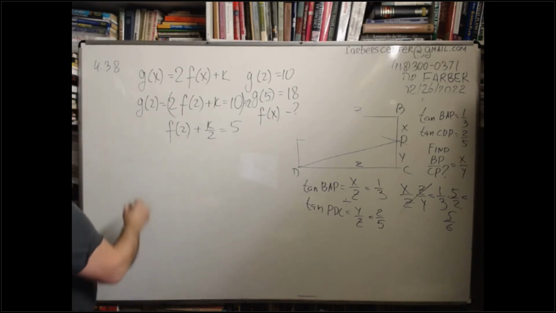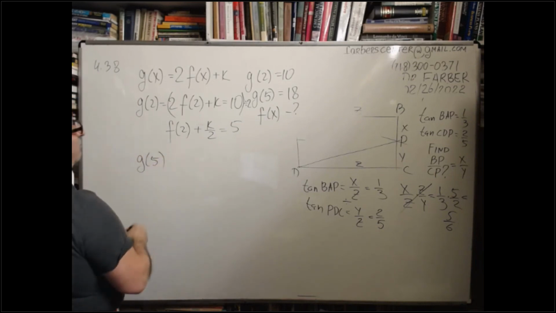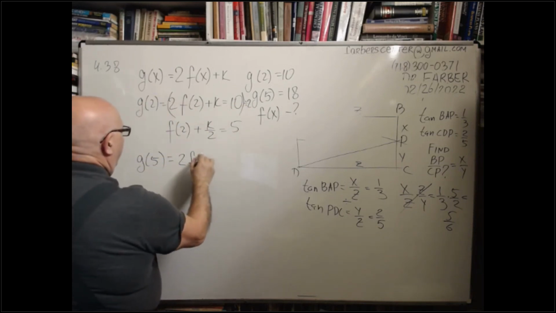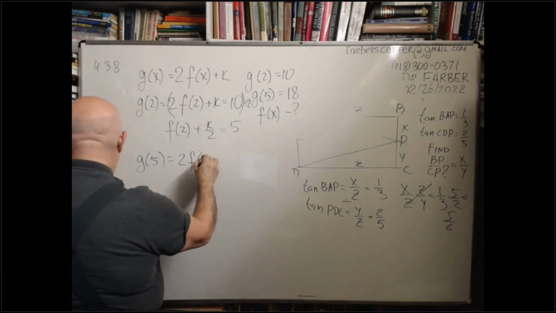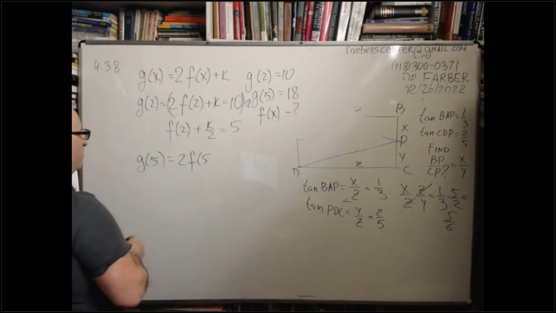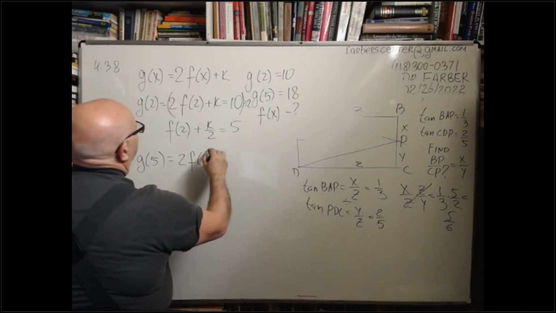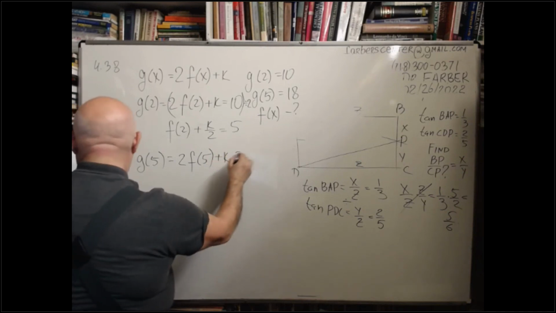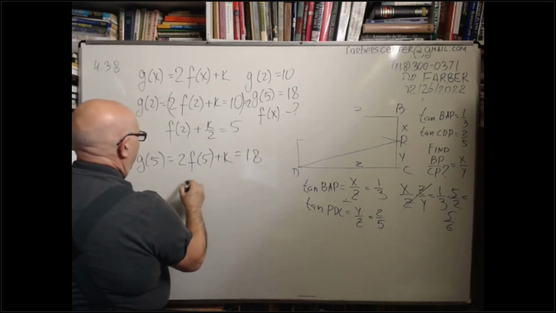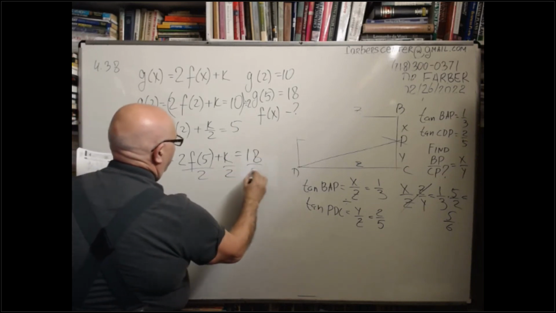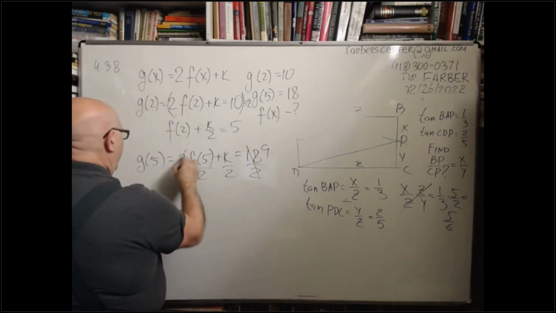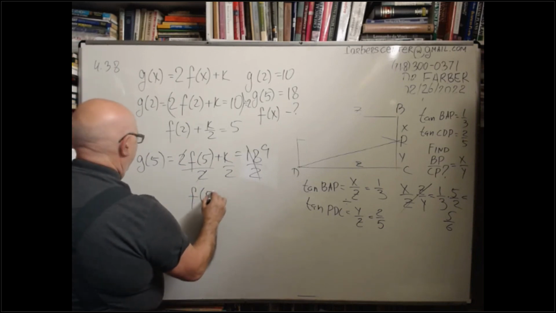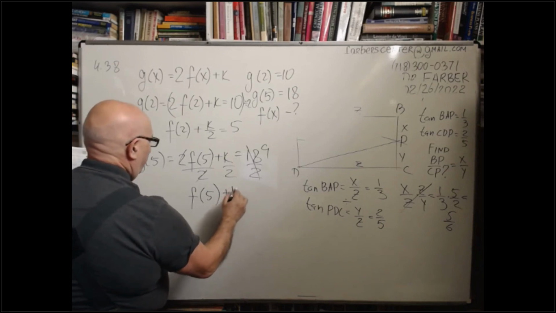From another side, g of 5, if I plug into this linear function, I will have 2 f of 5, just plug in, plus k, and this equals 18. Again, if I divide everything by 2, this 9 cancels out. I get f of 5 plus k over 2 equals 9.